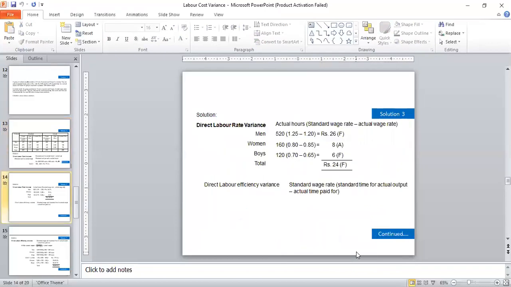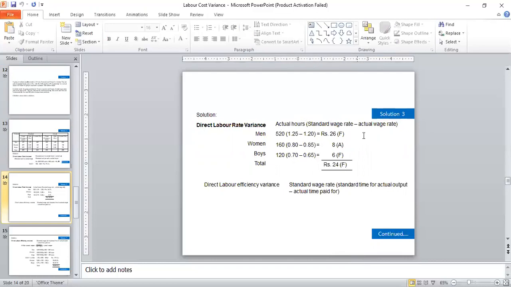Now we are taking the direct labor rate variance. Direct labor rate variance is equal to actual hours multiplied by standard wage rate minus actual wage rate. Here we have the three components of total labor: men, women, and boys.